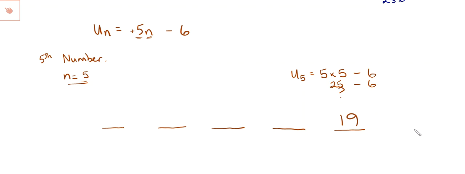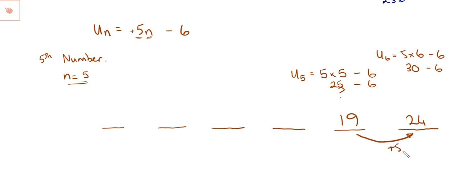What does it go up in? Okay, so now I've got a choice. If I wanted to know the next number, I've got two methods. I could do u6 equals 5 times 6 minus 6, which is 30 minus 6, or I could have just done plus 5.